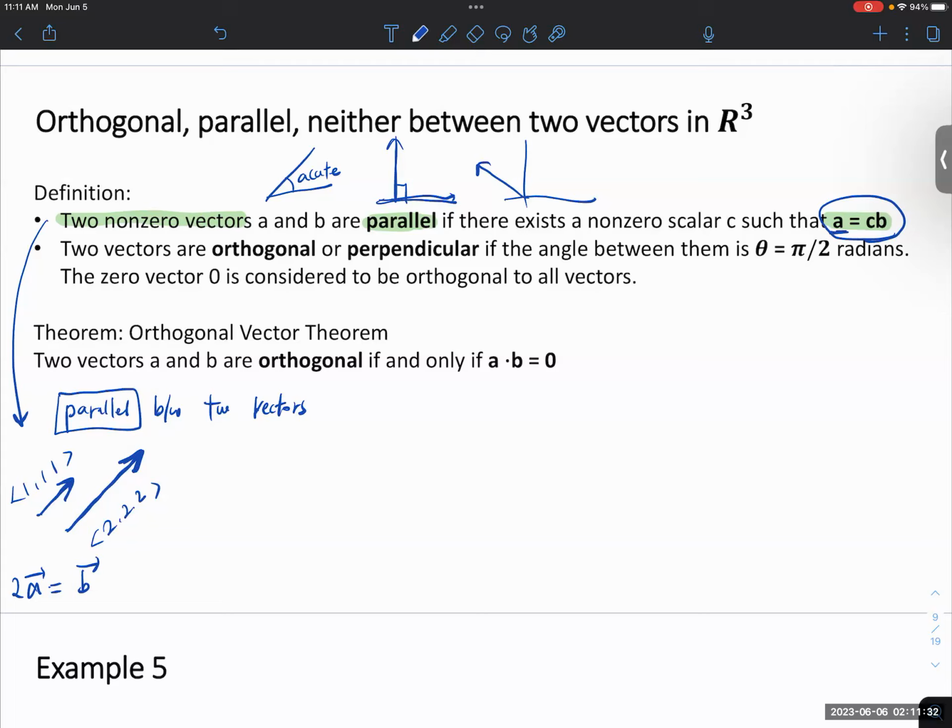Second, this is the orthogonal, perpendicular relationship. Perpendicular means orthogonal. If you took linear algebra, there is a concept of orthogonal. That means two vectors always create a 90 degree angle, and we just found that A dot B is always 0.